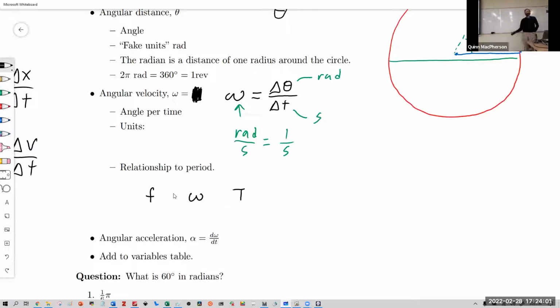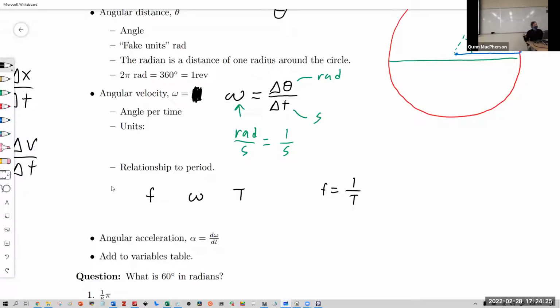Omega is how many radians it goes through every second. Frequency is how many revolutions it goes through in every second. They are related to each other by frequency is 1 over the period.